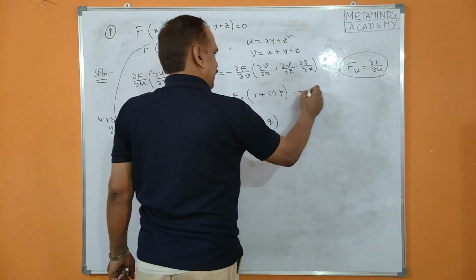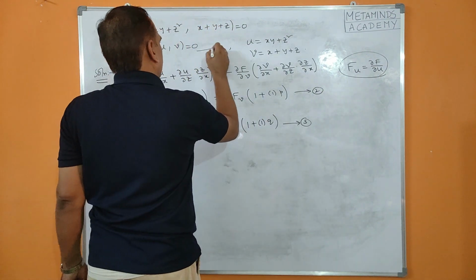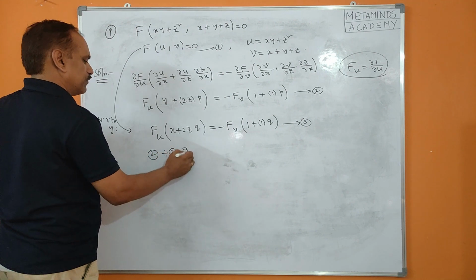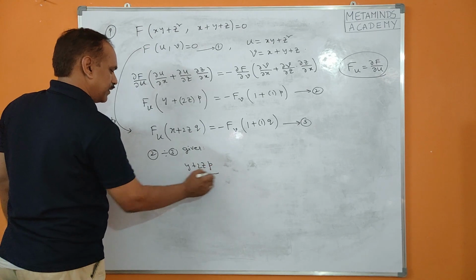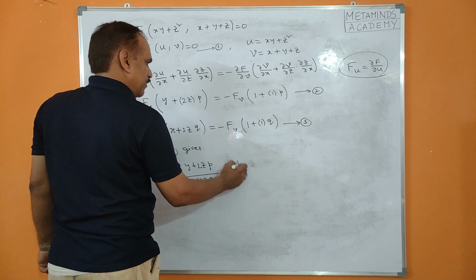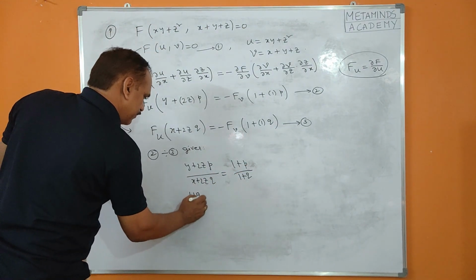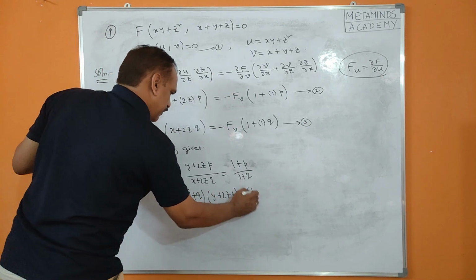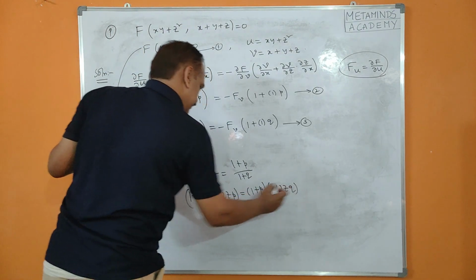So divide these two equations, 2 divided by 3 gives (y plus 2zp) by (x plus 2zq) is (1 plus p) by (1 plus q). So (1 plus q) into (y plus 2zp) is (1 plus p) into (x plus 2zq).